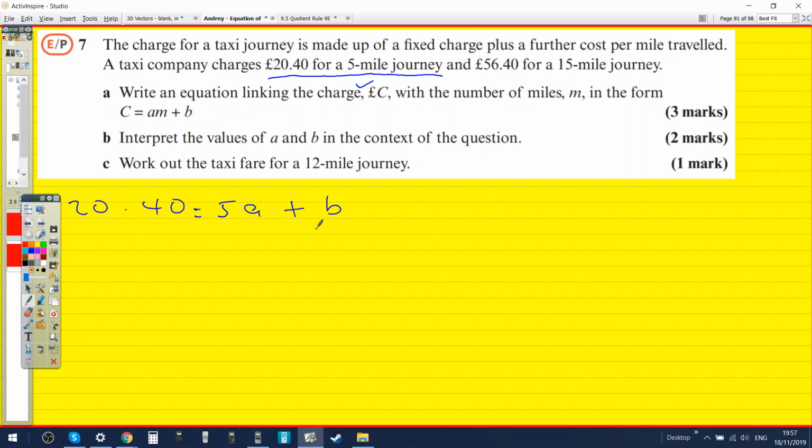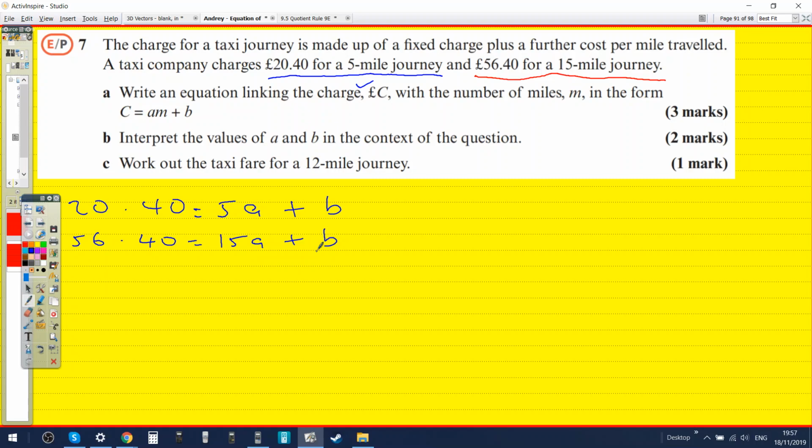So a further cost per mile travelled. I'm really not sure. What about this here? I need to make this a simultaneous equation, don't I? Yep. Yeah. Because you've got two unknowns. £56.40 equals 15A plus B. Okay.